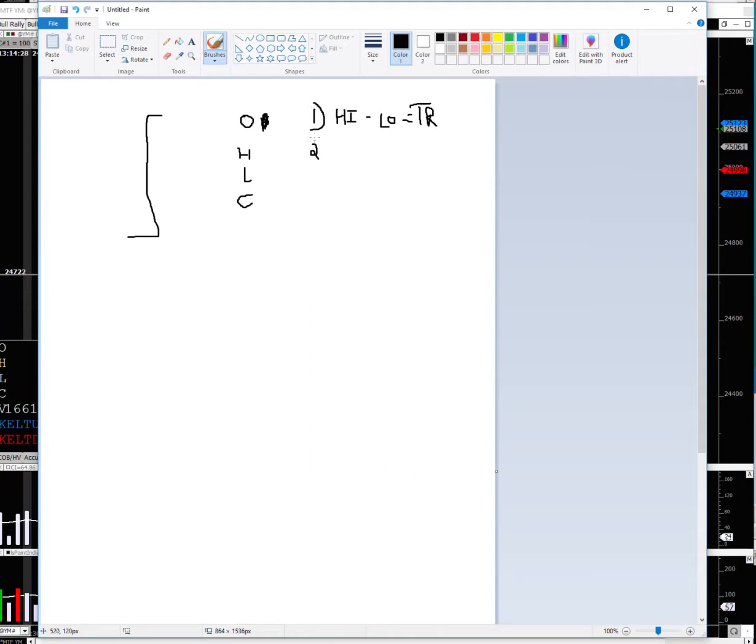The second is the open to the close. So it's basically the absolute value of the close minus the open, which is gauging the distance between the open and the close.